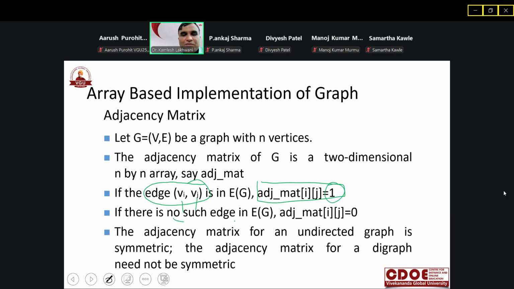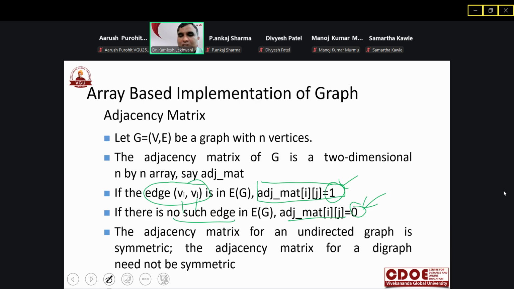If there is no such edge between Vi and Vj, then the value at that location in the matrix will be 0. So 1 means there is an edge between two nodes. 0 means there is no direct edge between these two nodes.